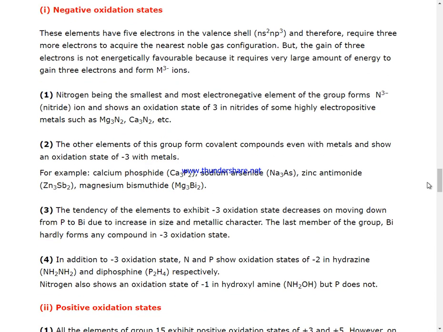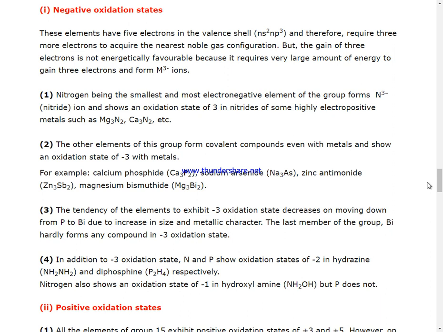Nitrogen, being the smallest and most electronegative element of the group, forms N3- nitride ion and shows an oxidation state of -3 in nitrides of some highly electropositive metals such as magnesium Mg3N2, calcium Ca3N2, etc.